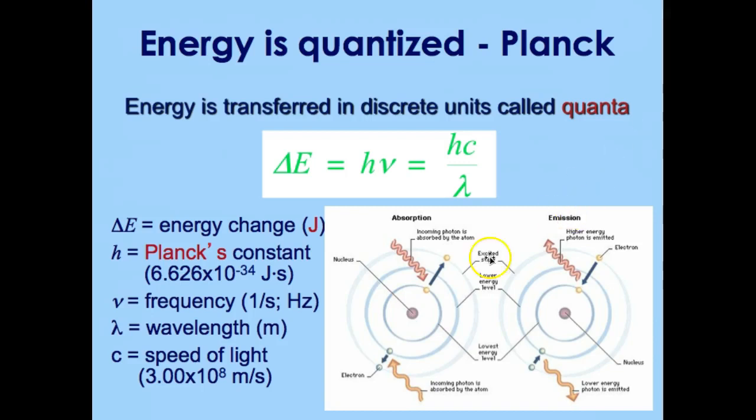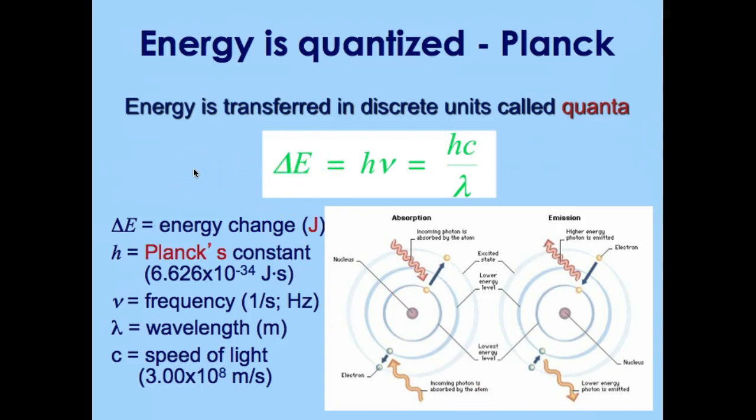You see the absorption part. That was what you were doing when you were putting the flame into, or the wooden splint into the Bunsen burner flame. And then the emission is what color of light you were seeing as the electrons were returning back to their ground state. Delta E refers to an energy change.